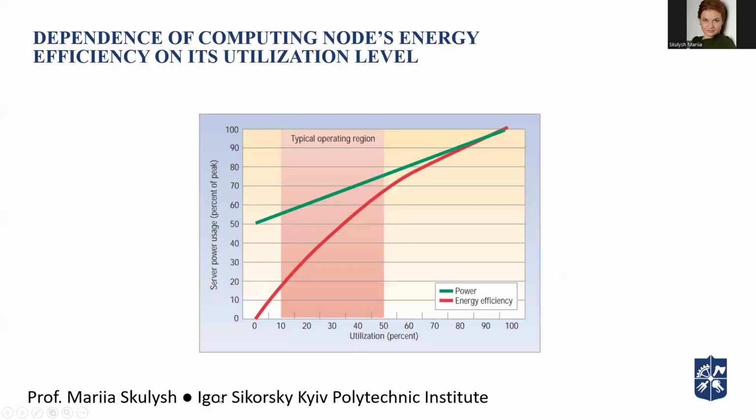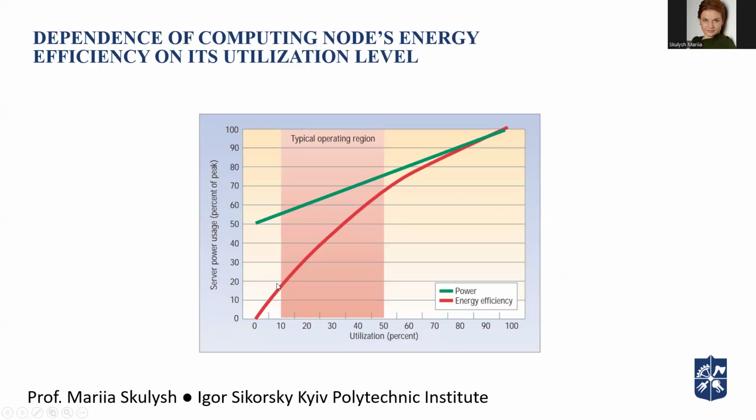And here you can see this picture of these lines. Power is the green one, and energy efficiency is the red one. So depending on the percent utilization of the resources, we can choose the main field where we can work, for example, 20%.